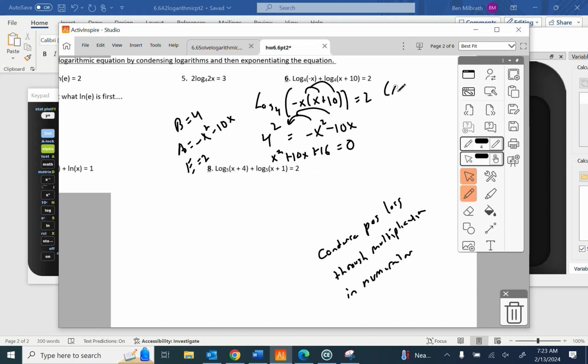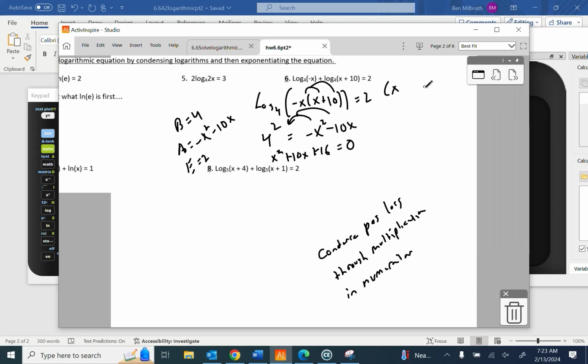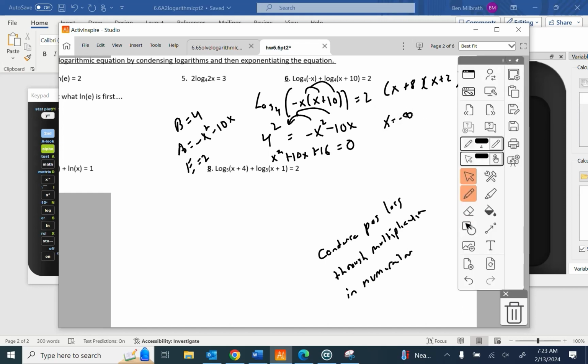And once again, I'm going to factor. Factors of 16 that add to 10 are going to be 8 and 2. Still equal to 0. So by the zero product property, x is negative 8, or x is negative 2.